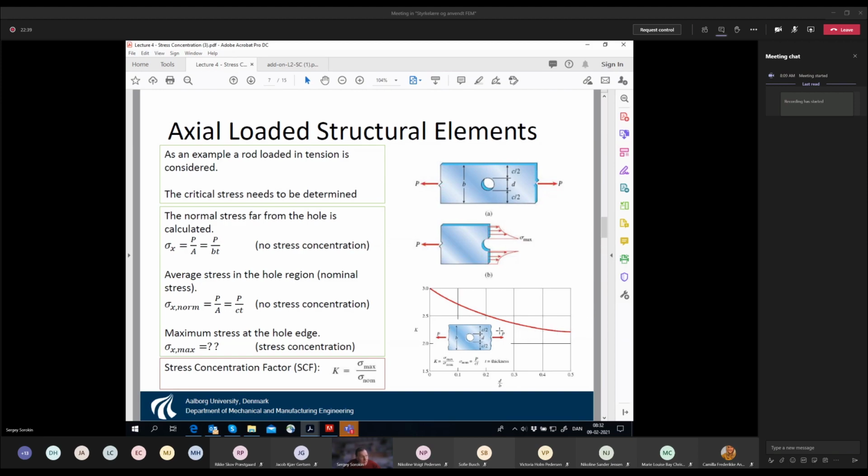And you see it's quite interesting, but probably something that you can understand, that if you have larger and larger holes, then effectively the stress concentration factor reduces. But it's simply because the nominal stress becomes larger, right? The area becomes smaller, and then the nominal stress becomes larger, so that the stress concentration factor reduces.